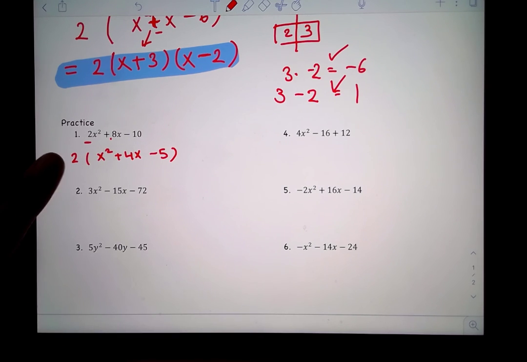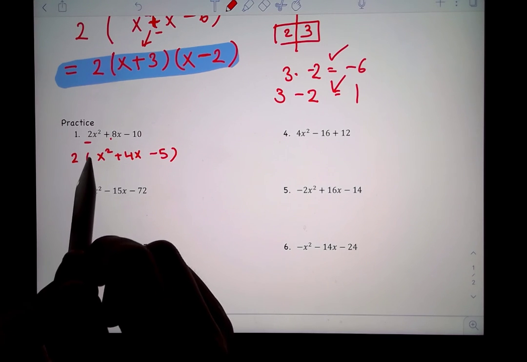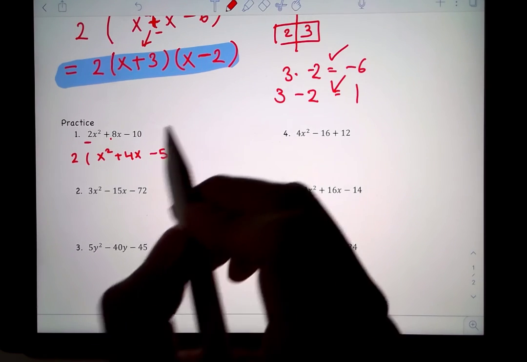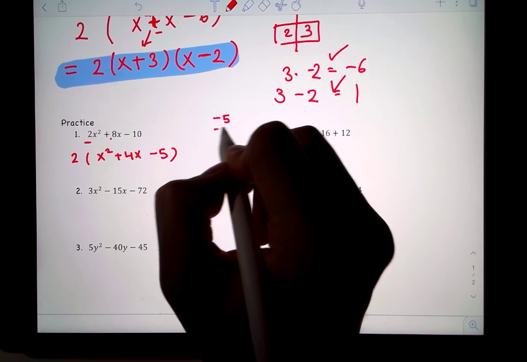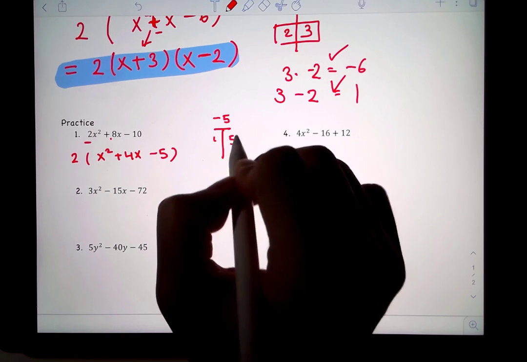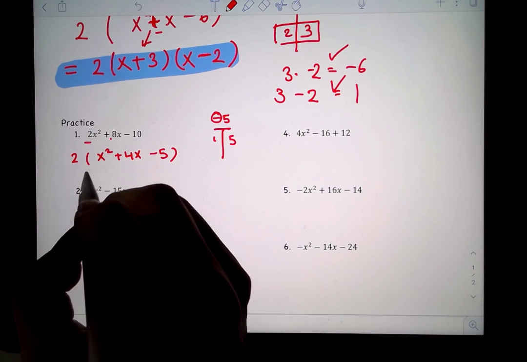Because this 2 is outside, you just forget it at this point. But I told you cannot get rid of it, but at this moment, you can forget it a little bit. So your A is 1. So we can use this table factoring, right? So -5: 1 and 5 only. The difference is, because this is a minus, 4. So that is my number.